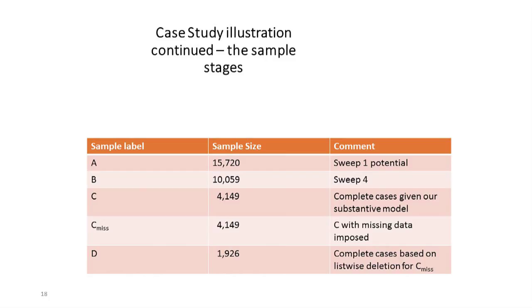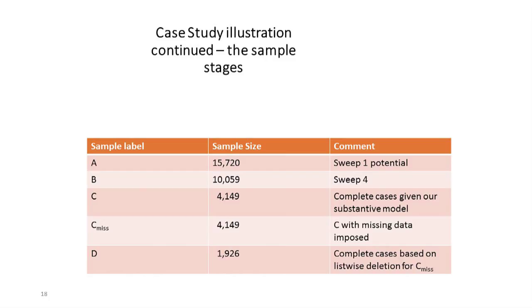The stages, if you like, from the original sample, sweep 1, over 15,000. Some people think, oh, he's lost 2,000 cases. Well, there are a number of individuals who didn't have complete birth characteristics. By sweep 4, there were 10,000 cohort members in the study.